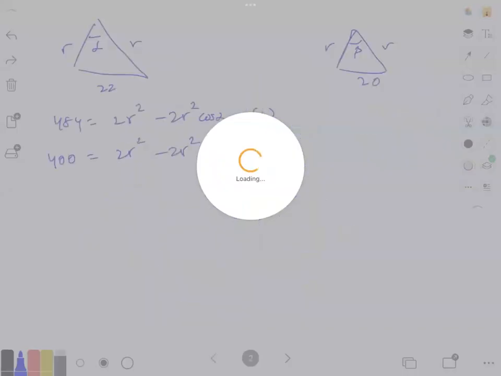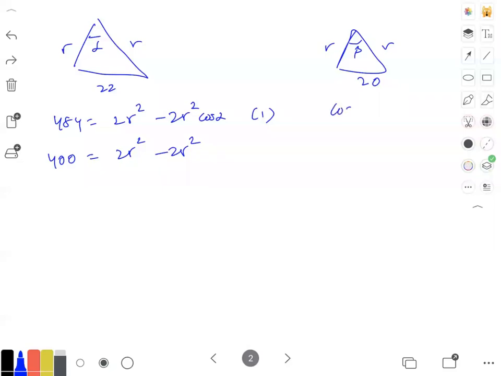So cosine beta is equal to cosine of 180 minus 2 alpha. And then that would be cosine 180, cosine 2 alpha. Is it cosine 2 alpha?